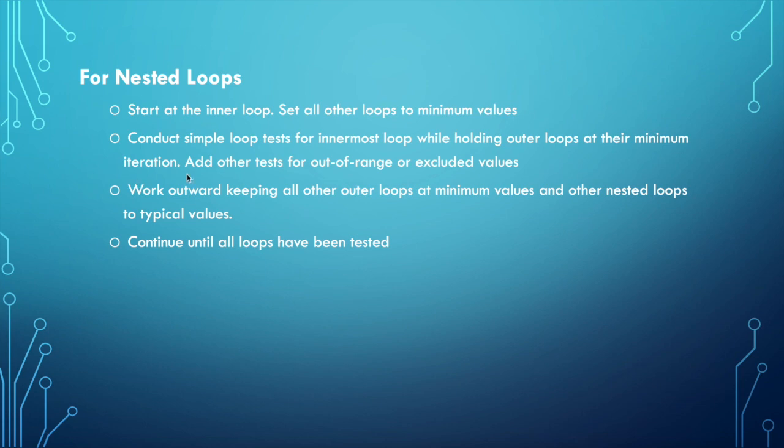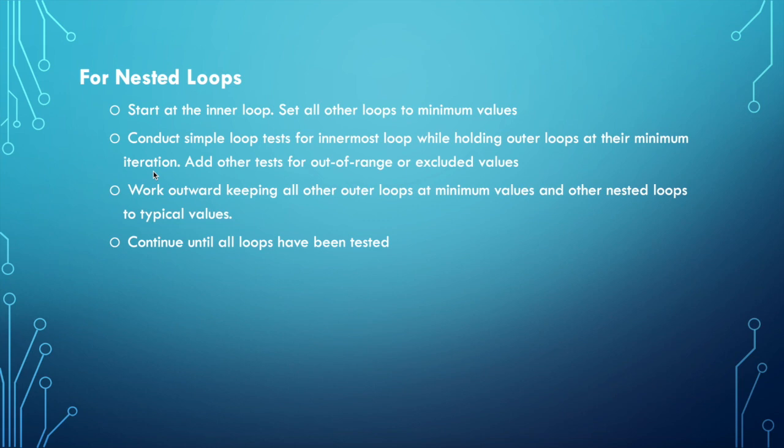What else? Conduct simple loop tests for the innermost loop. For the innermost loop, we have set it at skipping it, passing through once, passing twice, passing n times, passing m less than n, and so on and so forth. We do that while holding the outer loops at the minimum iteration.